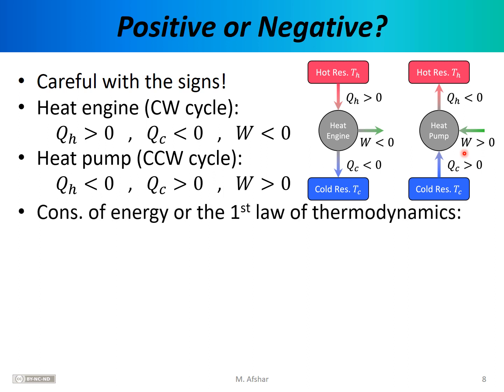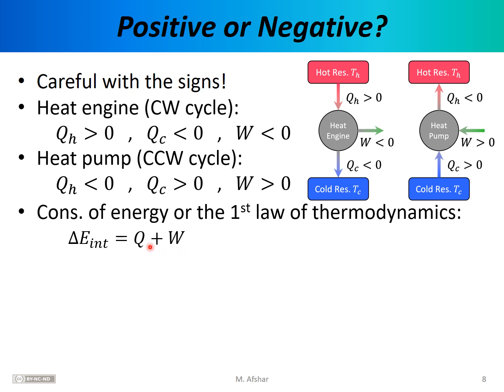Now recall that according to the first law of thermodynamics, energy must be conserved, and therefore we can say that the change in the internal energy of the system, of the working substance, is equal to Q plus W. Here, Q really refers to the net thermal energy that is transferred in or out, and W refers to the net work that is performed through the entire cycle.